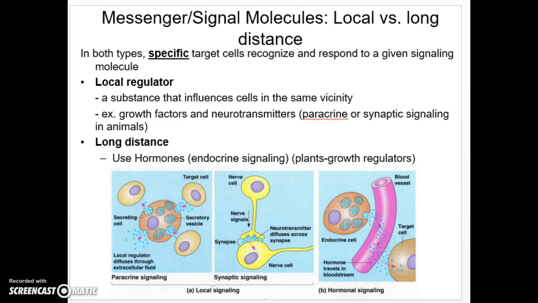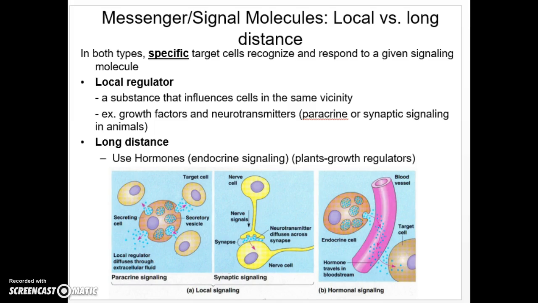We call a local type of signaling a paracrine signal because these are chemical signals released into the extracellular fluid, the fluid surrounding the cell, and then adjacent cells that are close by respond to the local regulator. The cells that are being targeted are called the target cells.